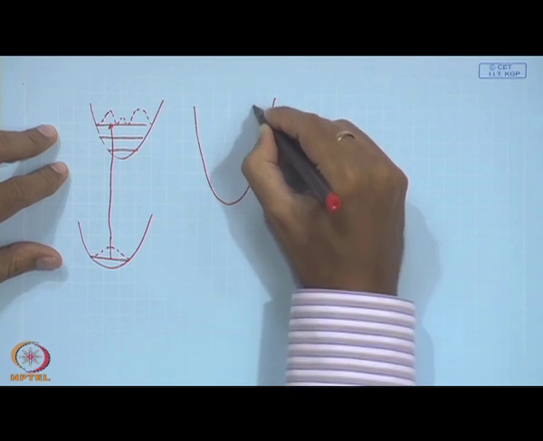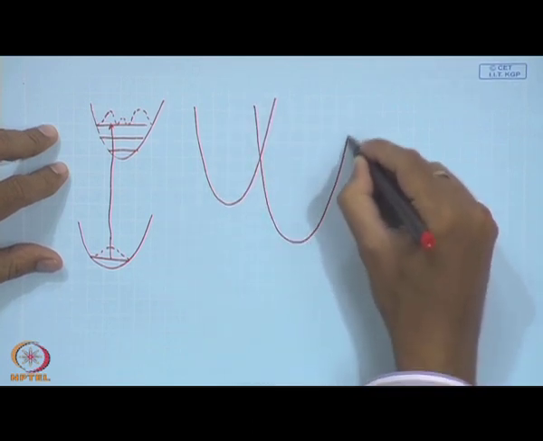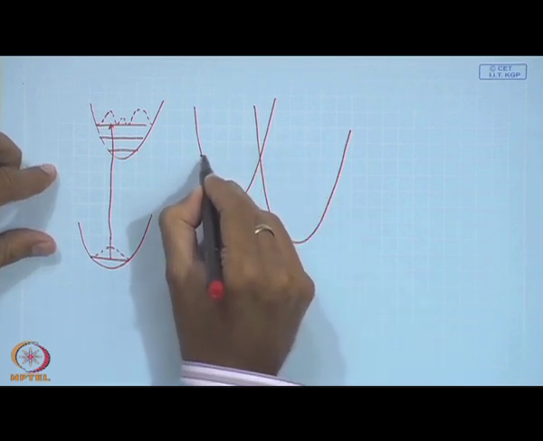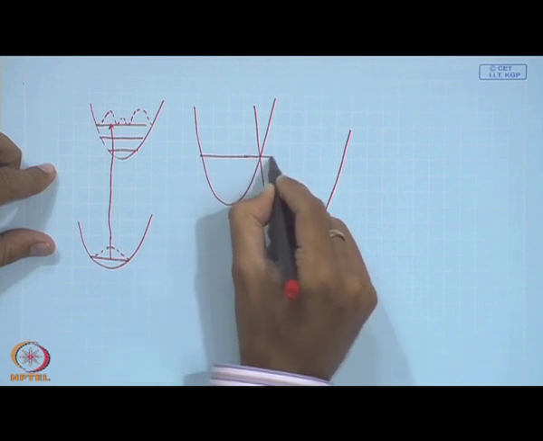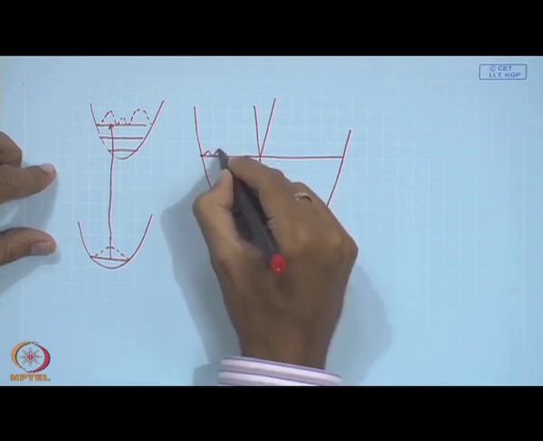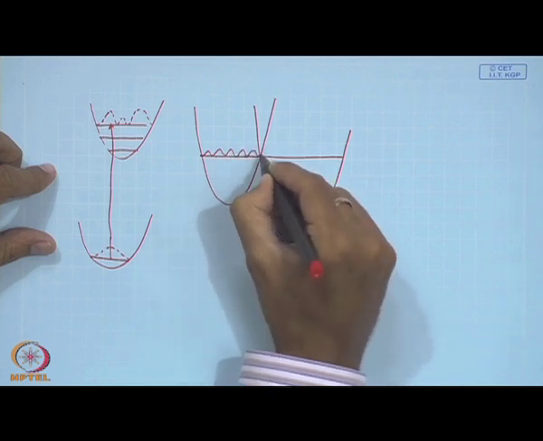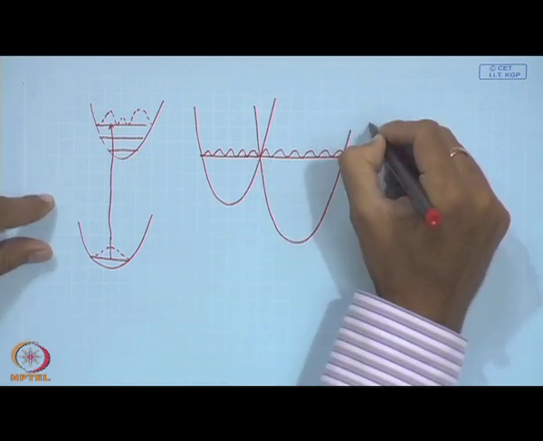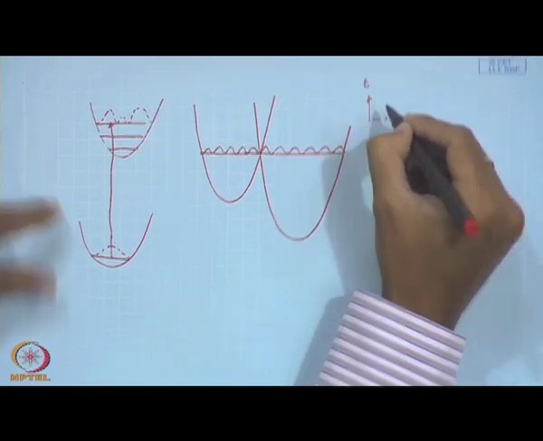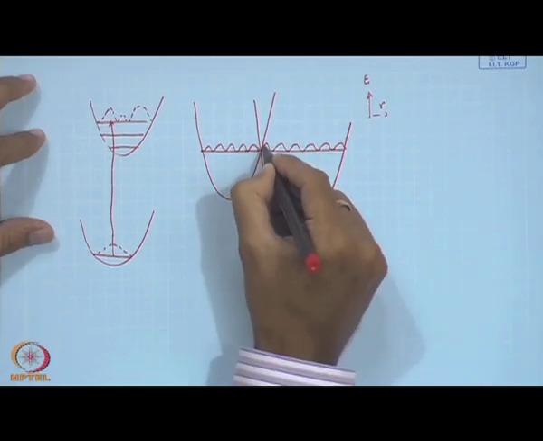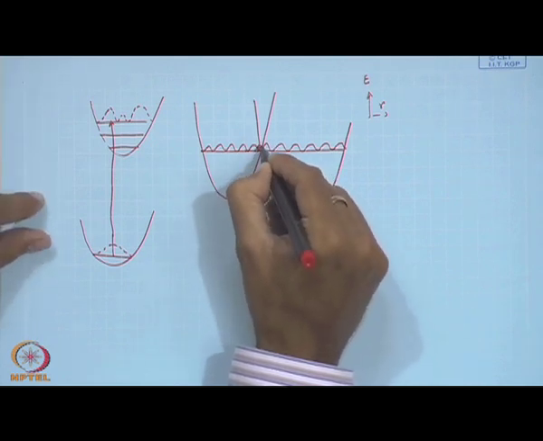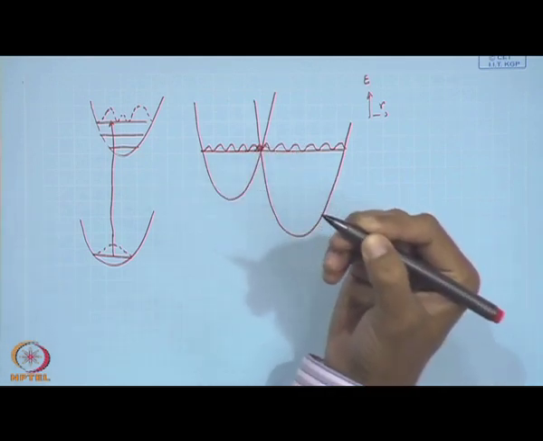So, in this region you see that maybe here I have got this, with energy on this side and R on this side. In this region there is some kind of overlap, because it may be thought to be extended outward a little bit.